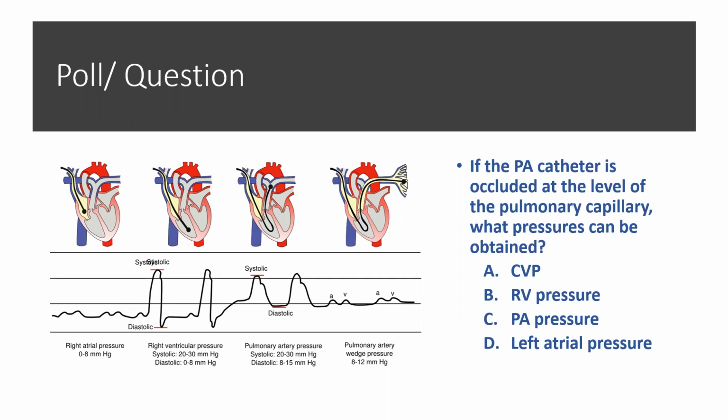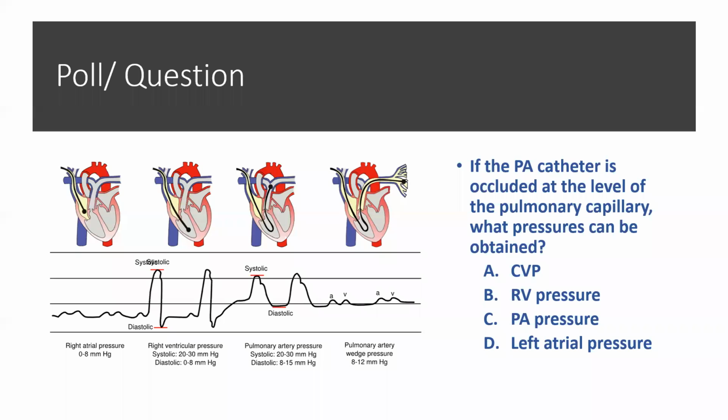Okay, so let's see. This is how you answered. Some of you said CVP, right ventricle, pulmonary artery, and 29% of you said left atrial pressure.